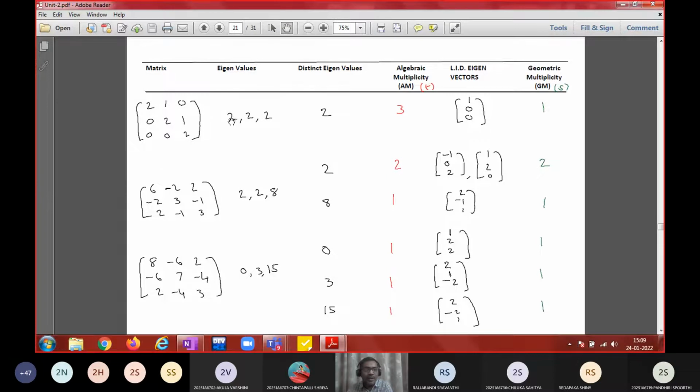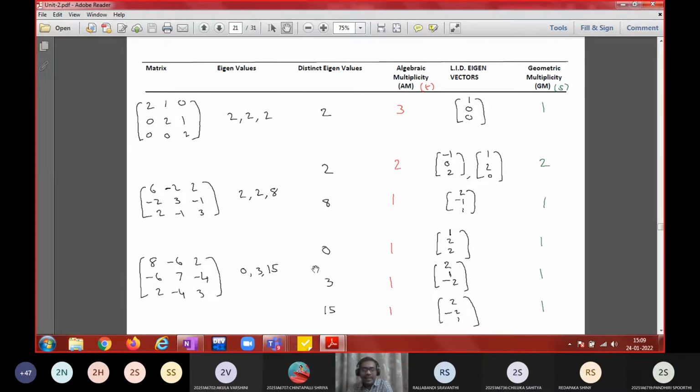Corresponding to lambda equal to 2, you find the eigenvectors, which may turn out to be k1 into (1,0,0). So this is the number of linearly independent vectors associated with this eigenvalue, and that is called the geometric multiplicity of the eigenvalue. In this case, there is only one independent vector corresponding to 2. Therefore, its geometric multiplicity is 1. It is denoted with s.